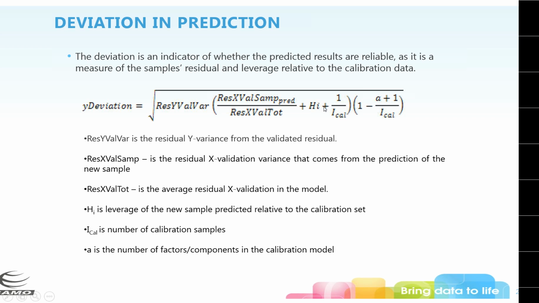Then the leverage of your new sample, and you've got 1 over the number of calibration samples, so that's going to be your degrees of freedom, essentially. And then your alpha is the number of factors. Again, that's another degree of freedom term. And so the square root of all this is going to give you your confidence limits.